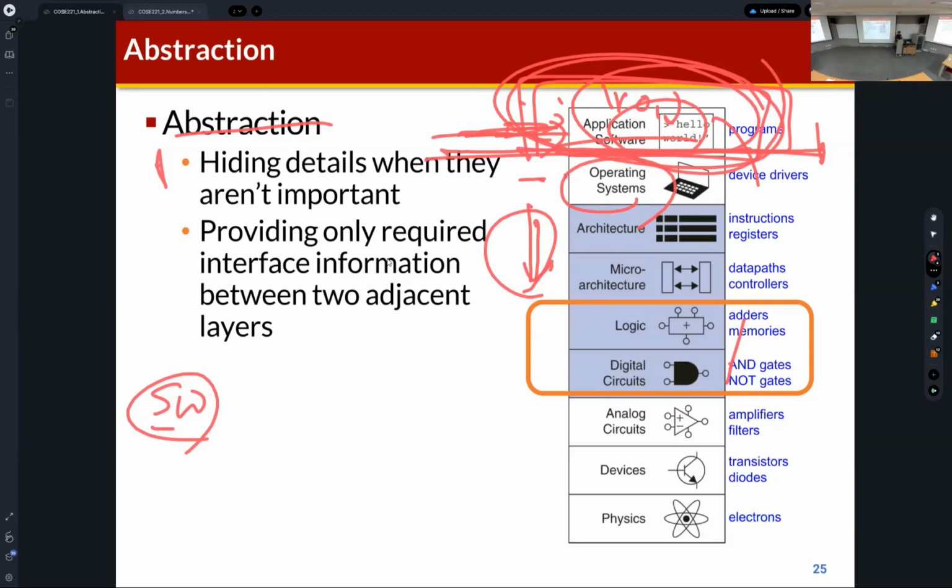So what is abstraction? Hiding details. If we just focus on this layer, we need to understand the interfaces between neighbor layers. For example, we need to understand the interface between digital circuits, but we don't need to understand how to build the real circuits like CMOS circuits.